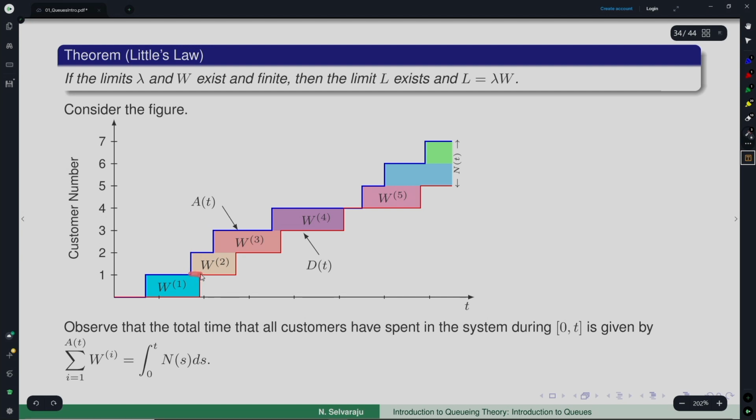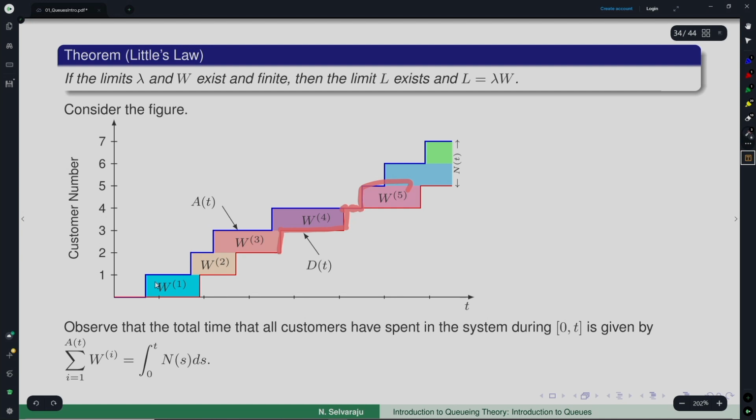Now his service gets started, and then he spends the remaining time in service. So, at this point he departs. The number of departures becomes 2, and the third customer departs at this point. The fourth customer departs here, and at this point there is nobody in the system. Then an arrival comes and things start all over again.